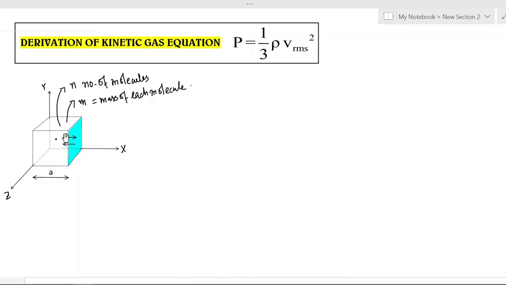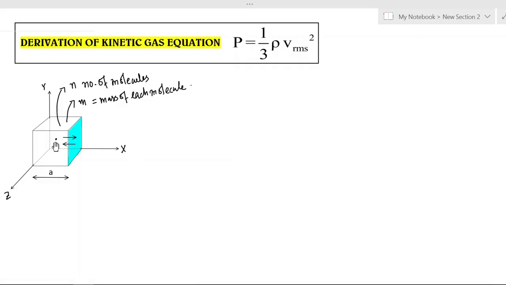N number of molecules of this particular gas are striking with each other as well as with the wall of the container. Now if I assume a particular molecule of mass m, the black dot that you can see inside this cubical space is a particular molecule that we are taking into consideration in order to have the equation successfully derived.